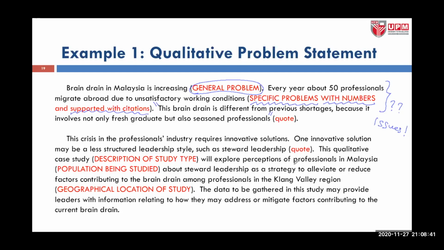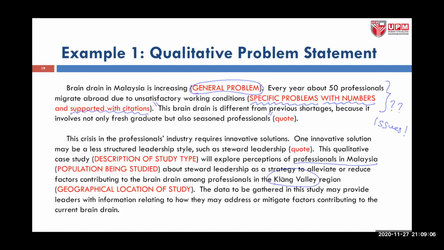Right, you are putting the scope, the population being studied, about steward leadership as a strategy to alleviate or reduce factors contributing to the brain drain among professionals in the Klang Valley region, right? So you are zooming in into the Klang Valley region, the geographical location of the study.